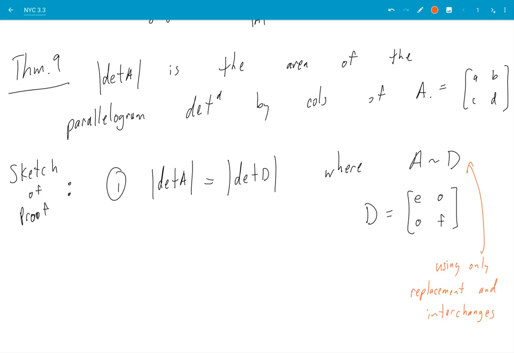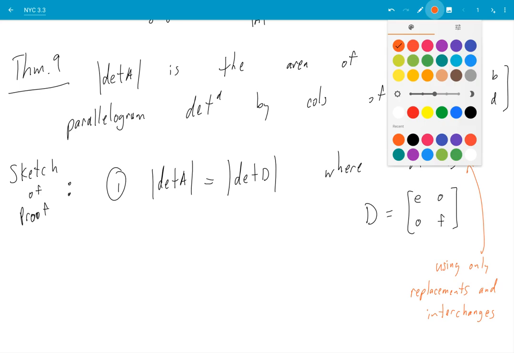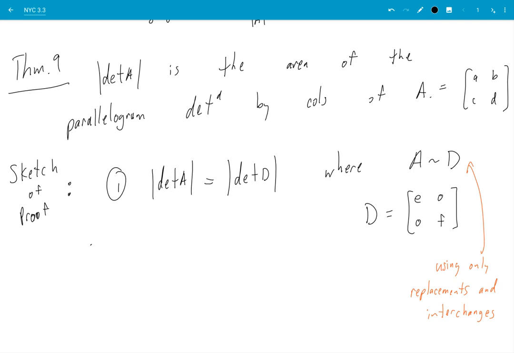That's important because replacements and interchanges do not change the absolute value of a determinant. Okay, so recap here. It's possible to take A and reduce it to D using only replacements and interchanges. And because I only used replacement and interchanges, I get this formula here.